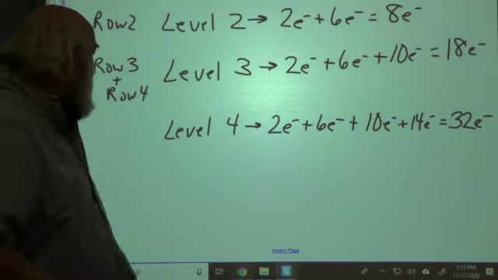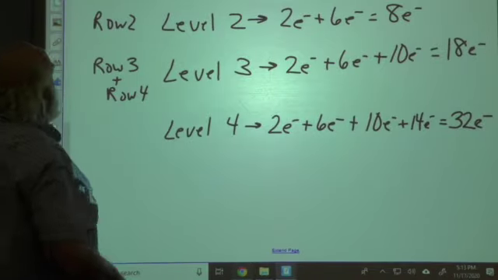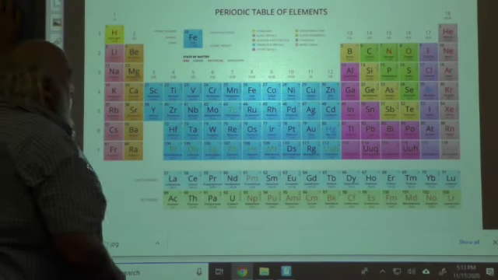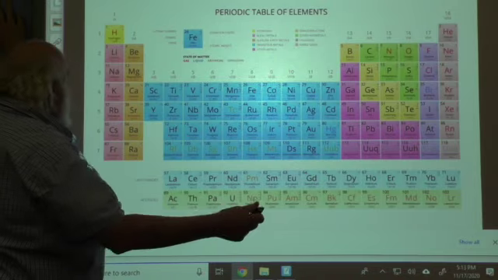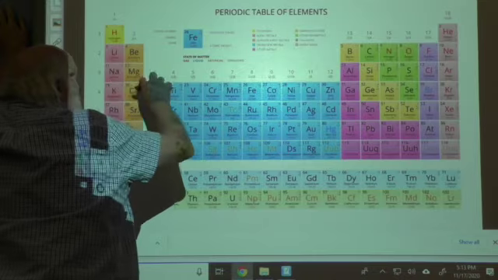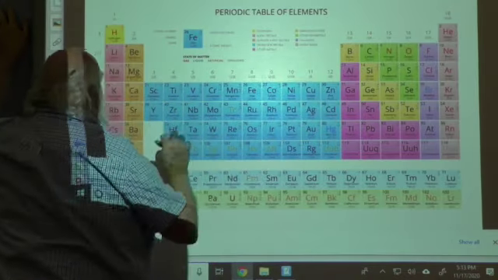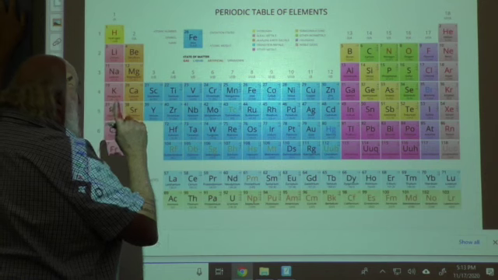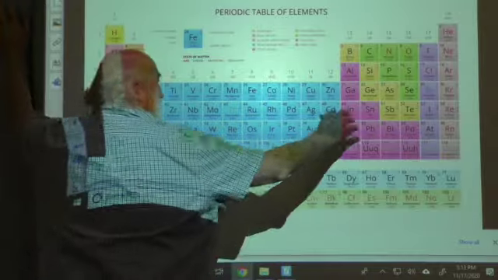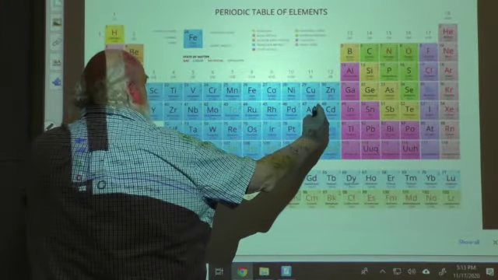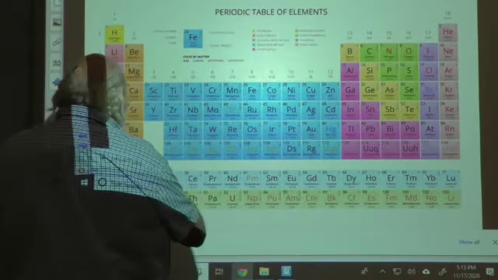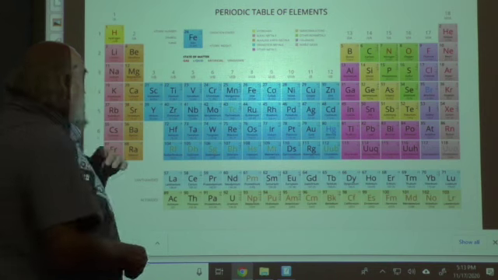But more importantly, let's go back to the rows for level 4. So let's just take a look at this. We got 2 there, we got 2 and 6 there, we got 2, 6, and 10 here. The 4th level, we got 2, 6, 10, and 14 right here in the 6th row.